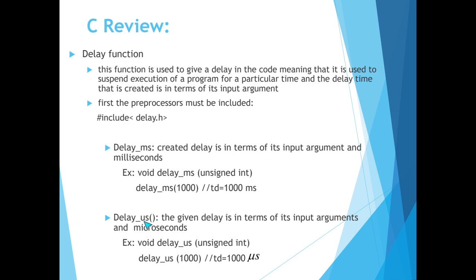US means microsecond, meaning the given delay is in terms of microseconds. For example, we can have the code delay underline ms inside parentheses 1000. It means the time delay is equal to 1000 milliseconds, and delay underline us inside parentheses 1000 means the time delay is equal to 1000 microseconds.